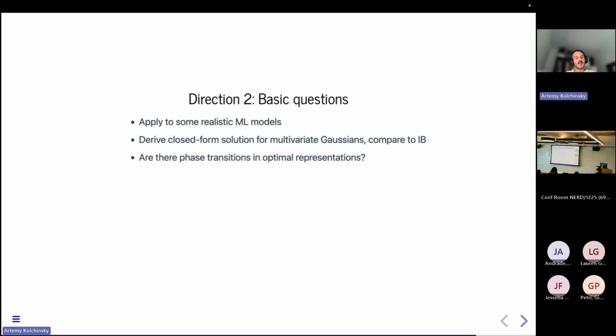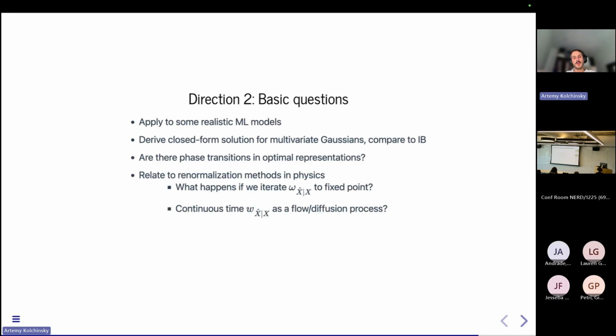Think about phase transitions, see if there are phase transitions in this problem, and also relate to more standard renormalization group methods in physics, I think would be interesting.